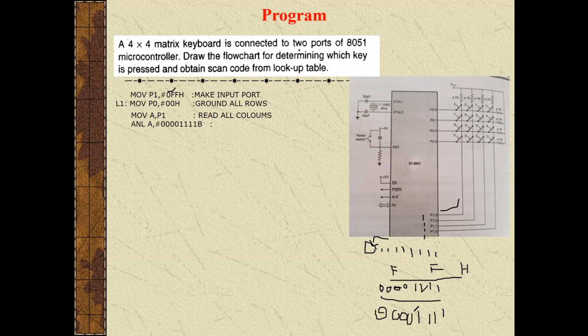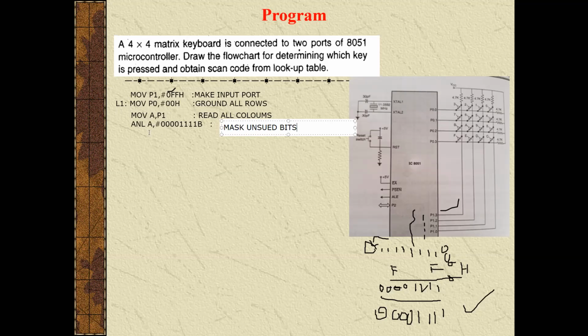I want to keep this data in our accumulator because I am interested only in the 4 ports, and the remaining ports I want to keep 0. That's why we are doing the mask operation here. We mask unused pins, or unused bits.